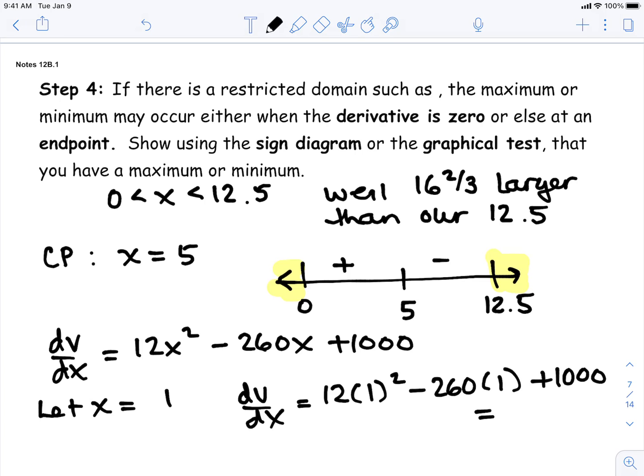And what we get when we type that in is 752, which is a positive number. So that means everything a little greater than 0 but less than 5 is going to output a positive number.